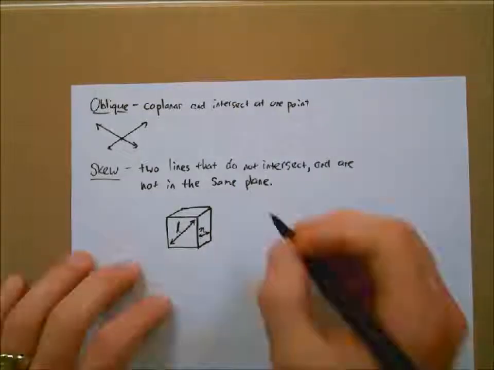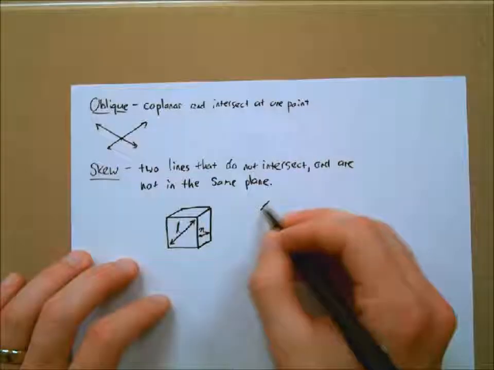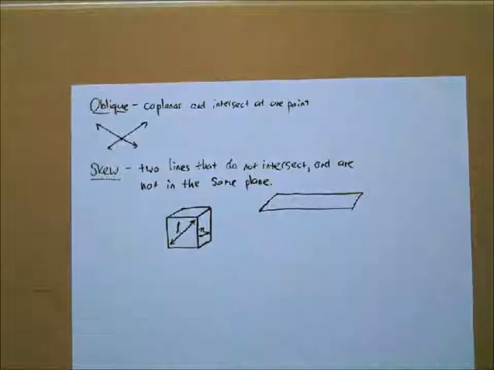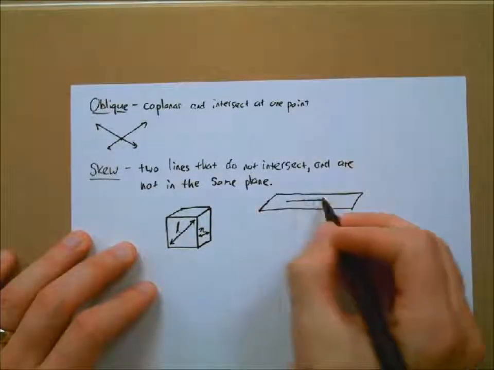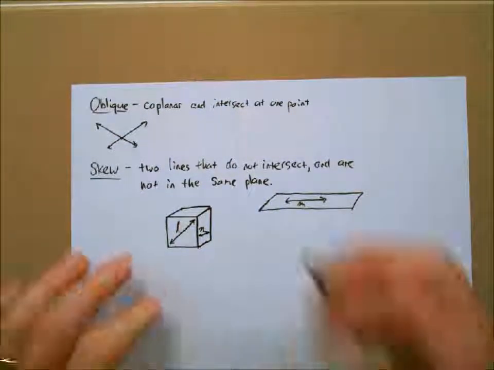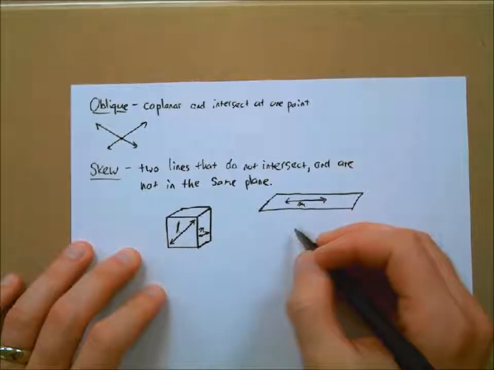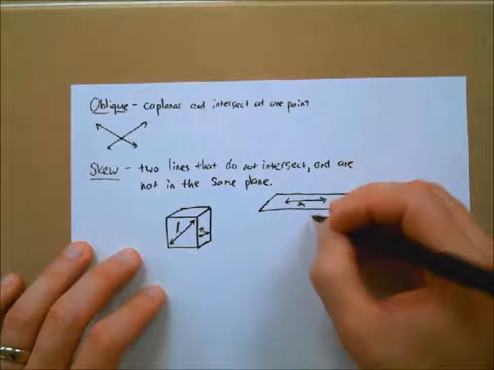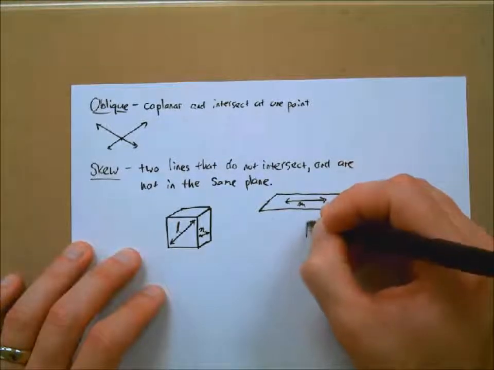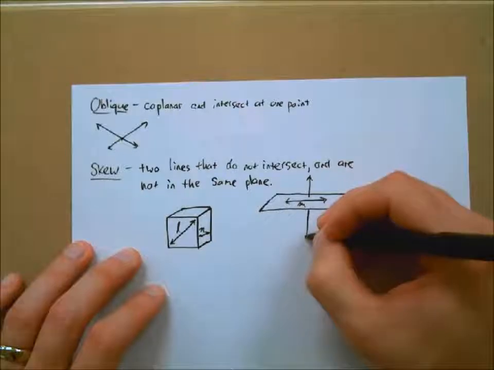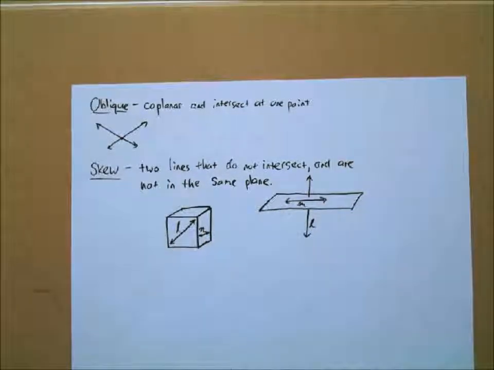Another way you can think about this is, let's say I drew a plane, using our normal representation of the plane as a parallelogram. You could draw a line here, and call this line M. Then I could draw a line going this way, and I'll call that L. You see how L intersects the plane, going behind the plane there.